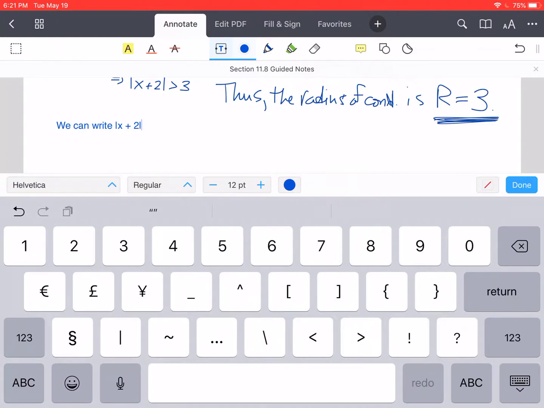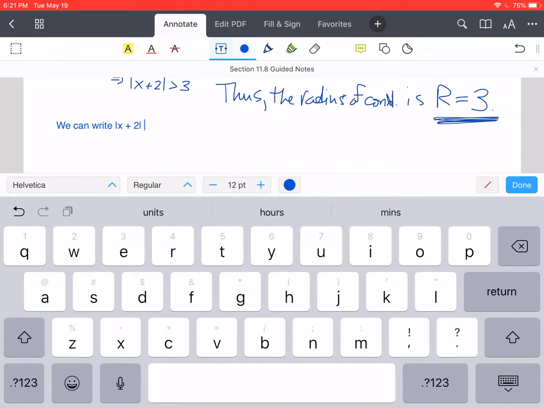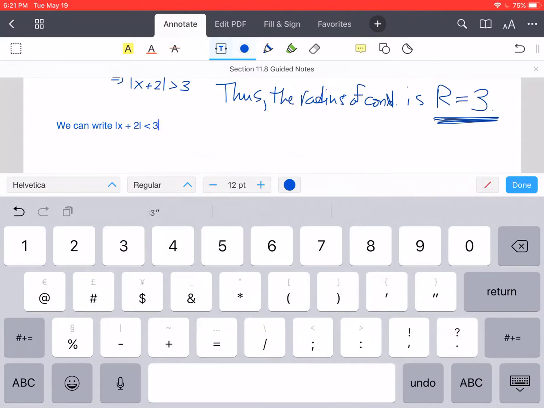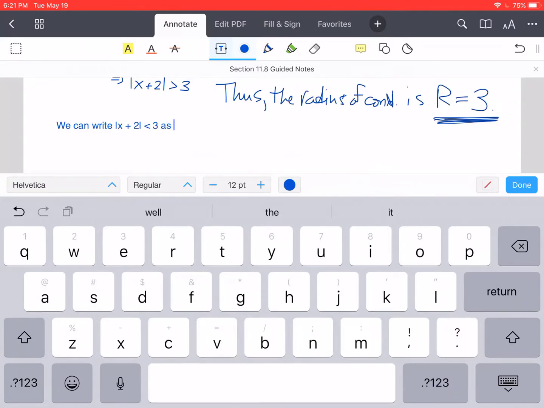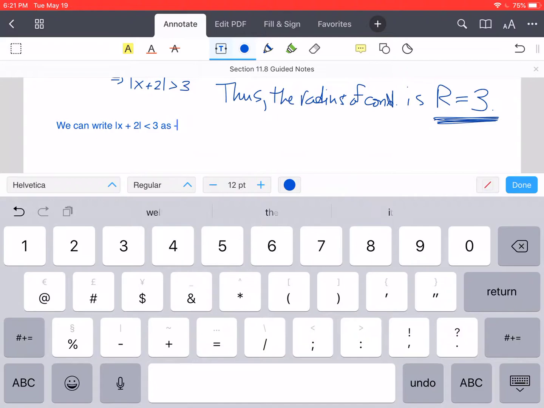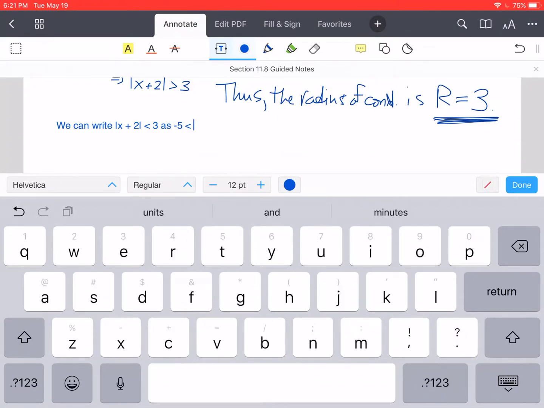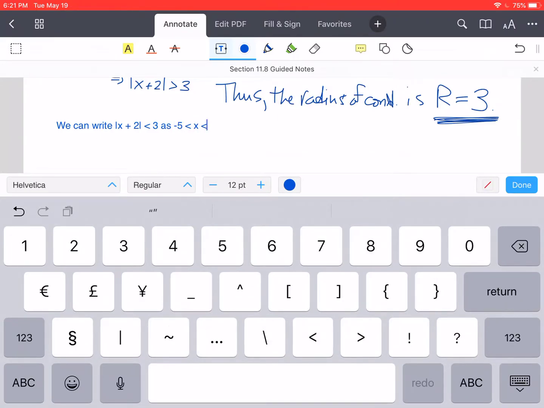So we can write that that is less than 3. So we can write that as x being between -5 and 1. So -5 less than x less than 1.